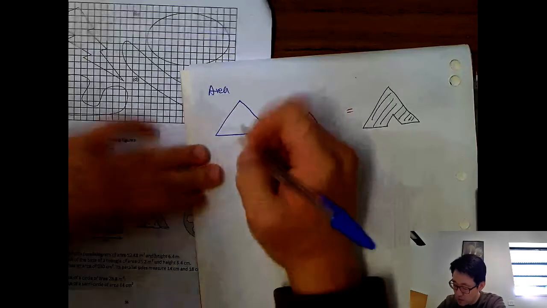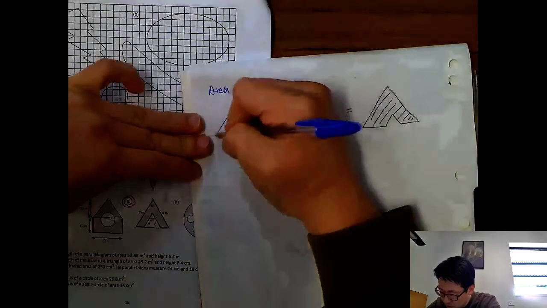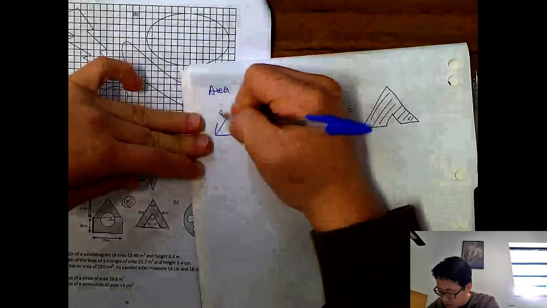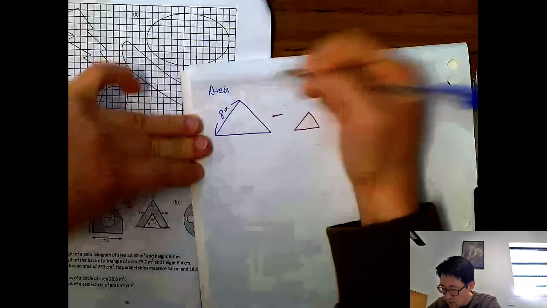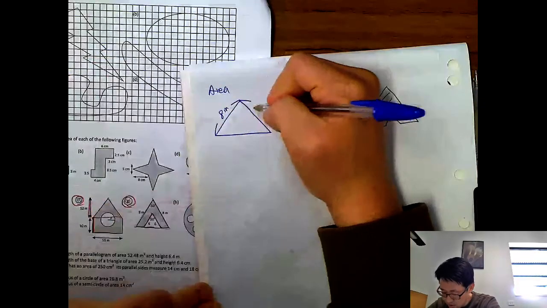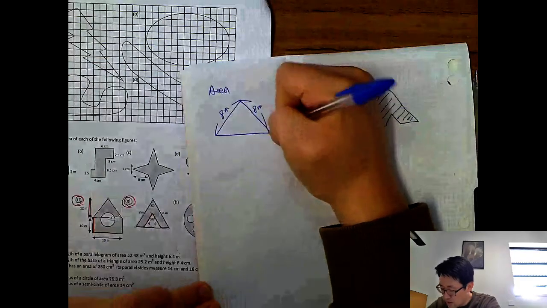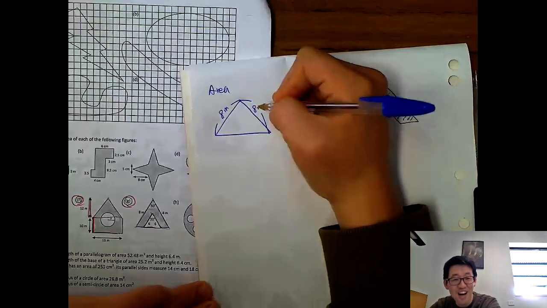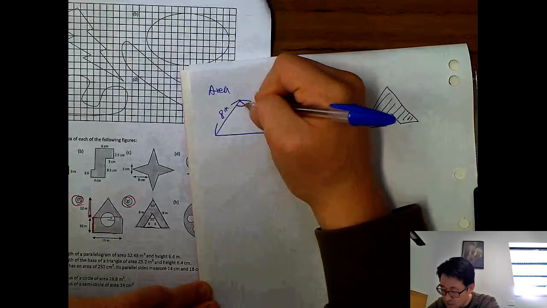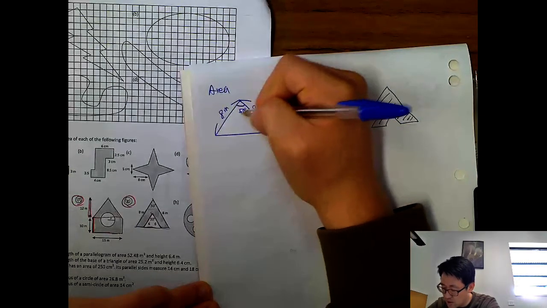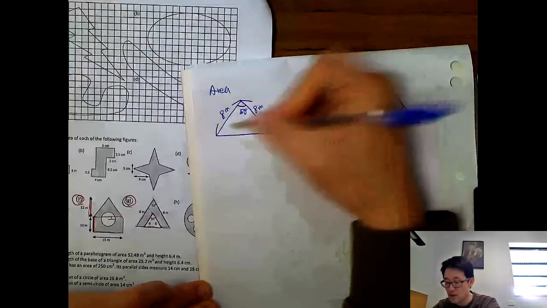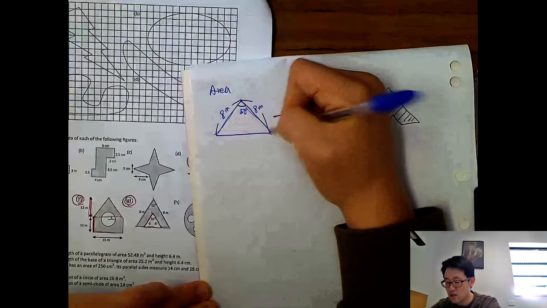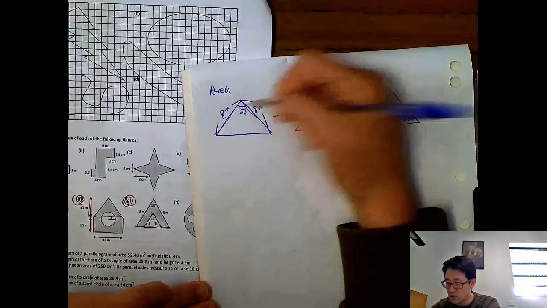Good. The first one, when I look at it, there is no height, but I know one side, the other side. So I know two sides, and the angle between, which is 50 degree. Okay.